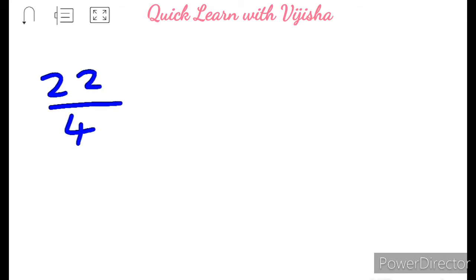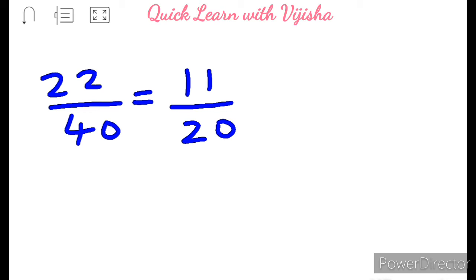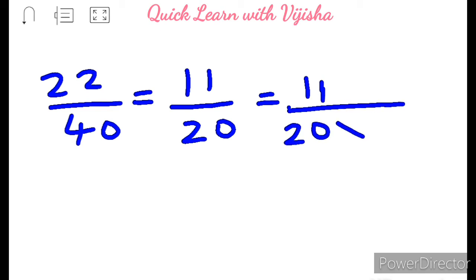22 upon 40. This has been simplified as 11 upon 20 in the question. So we will use this 11 upon 20. Already in the question it is given as 11 upon 20 into 5. Here it has been multiplied with 5. So we will multiply with 5 in the numerator as well.